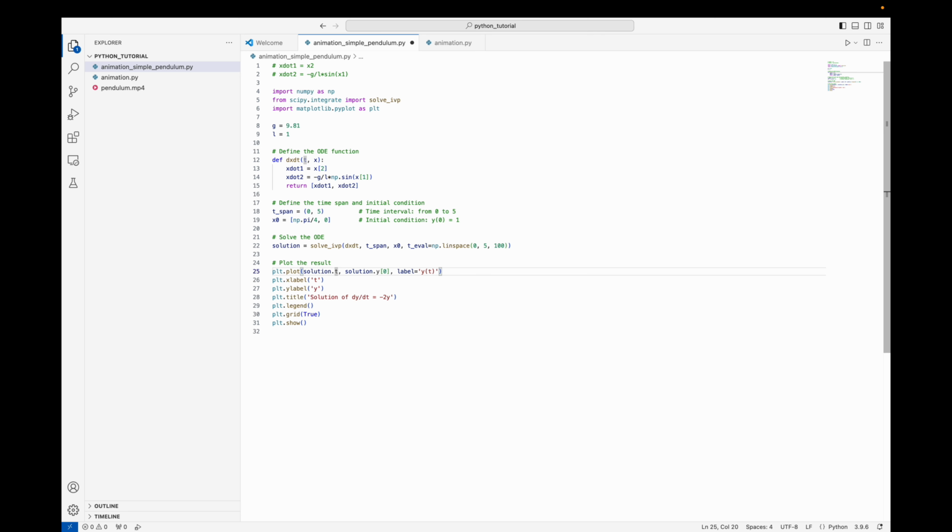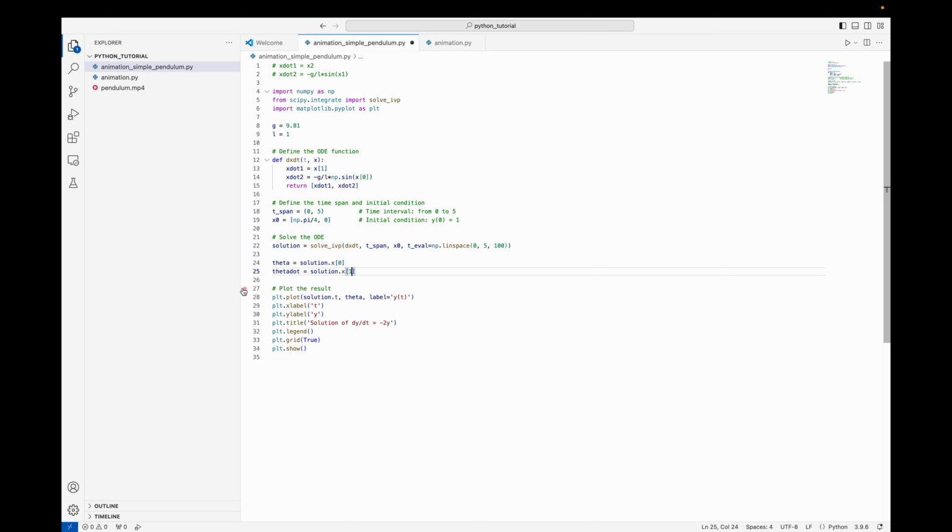So solution.t gives me the time, solution.y0, I'm gonna call this x0. Oh yeah, in Python I index from 0, so that's gonna be 1 and 0. Okay, cool. So x0 should give me theta, so let me just be more specific. Theta is equal to solution.x0, and I'll replace this by theta, and theta dot is gonna be equal to solution.x1.